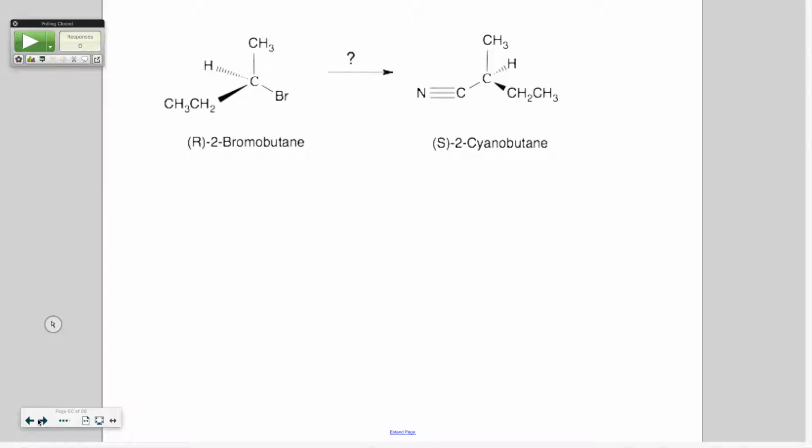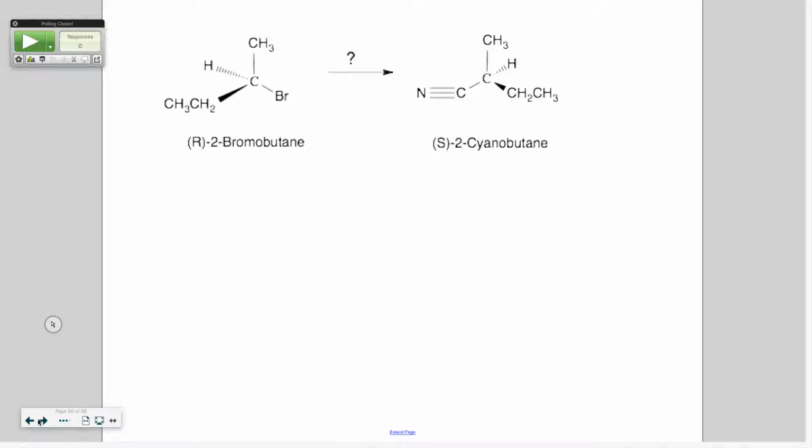Okay, what is the difference between the starting material and the product? The bromine is gone, and what else? The nitrile is there. So is there an OH there?